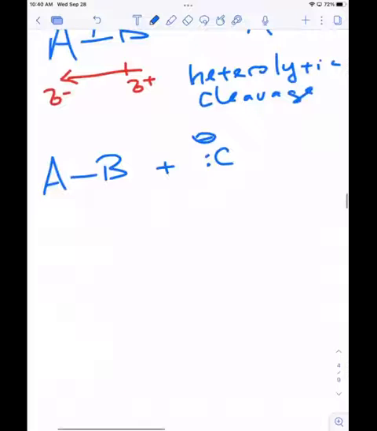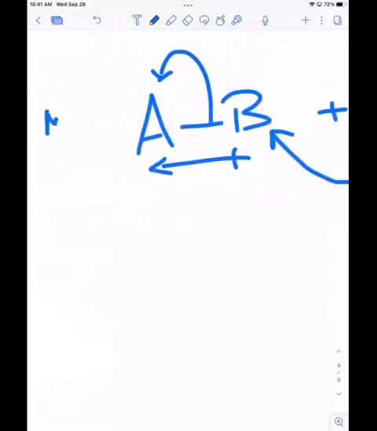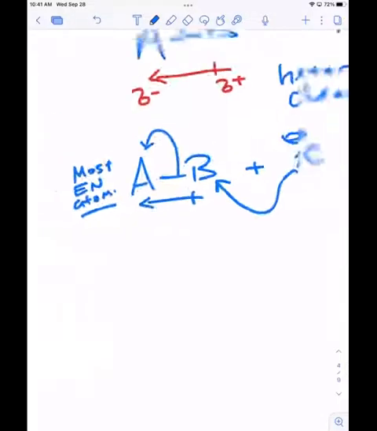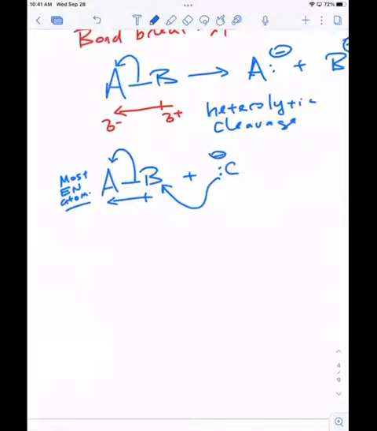When C comes in to attack B and that bond breaks, again, it's going to follow the direction of the dipole. Whatever the dipole is in that bond, the electrons go back to the more electronegative atom. Always. Anytime you break a bond like this, you give the electrons to the most electronegative atom.